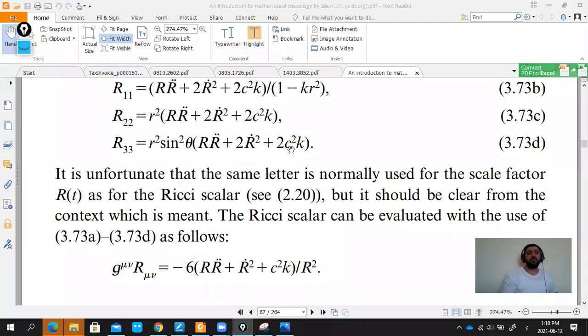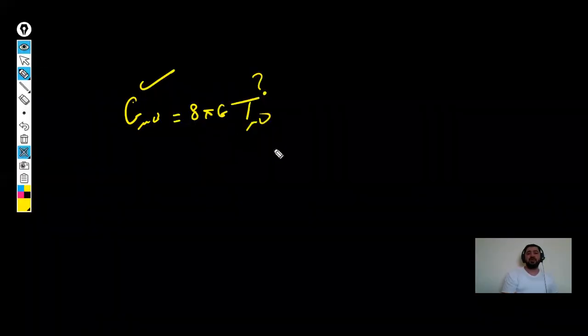So T mu nu, the matter in the universe, the whole matter in the universe. One good approximation, and it's more than enough for our applications, is that the matter in the universe is described as perfect fluids.